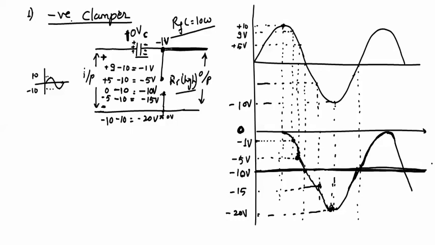Now we can draw some conclusions. A clamper circuit shifts the DC level of input.